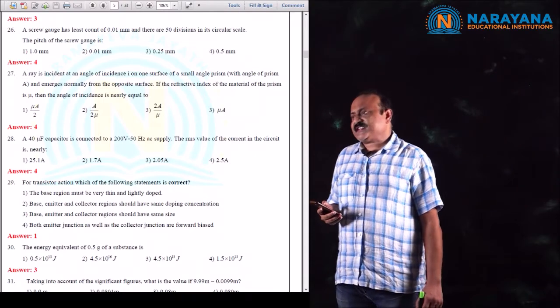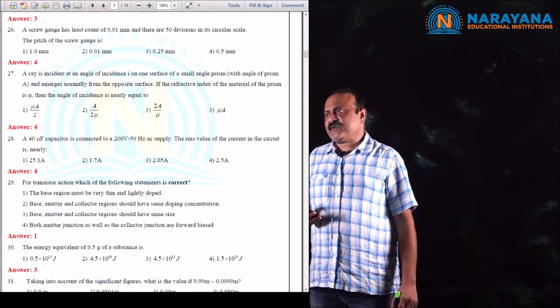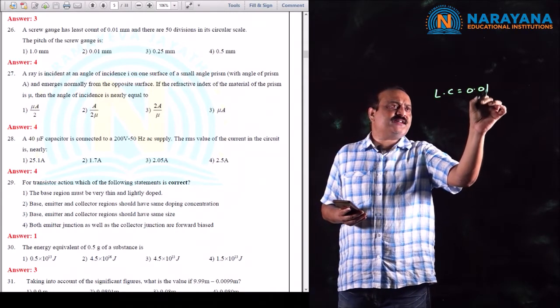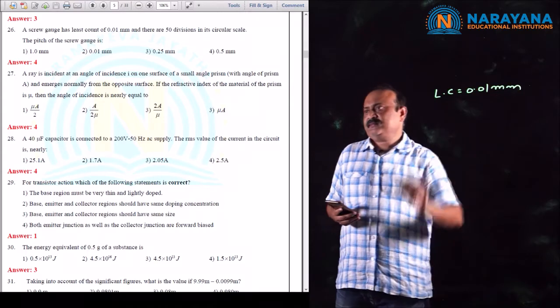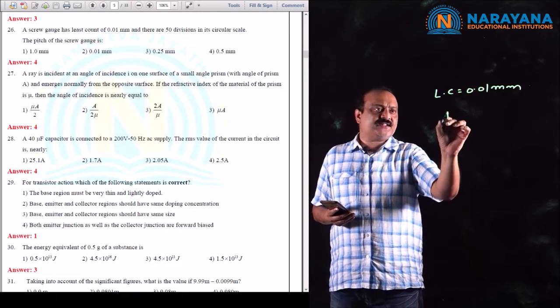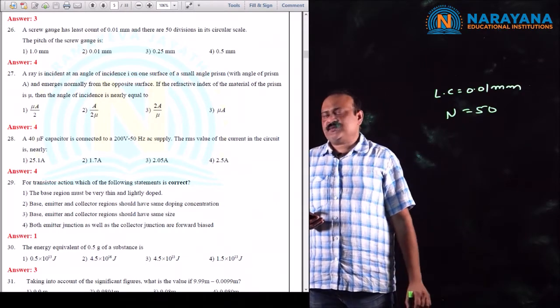Question number 26. A screw gauge has a least count of 0.01 mm. So, least count is equal to 0.01 mm. And number of divisions on the scale is 50, that is n is equal to 50. Find the pitch of the screw.